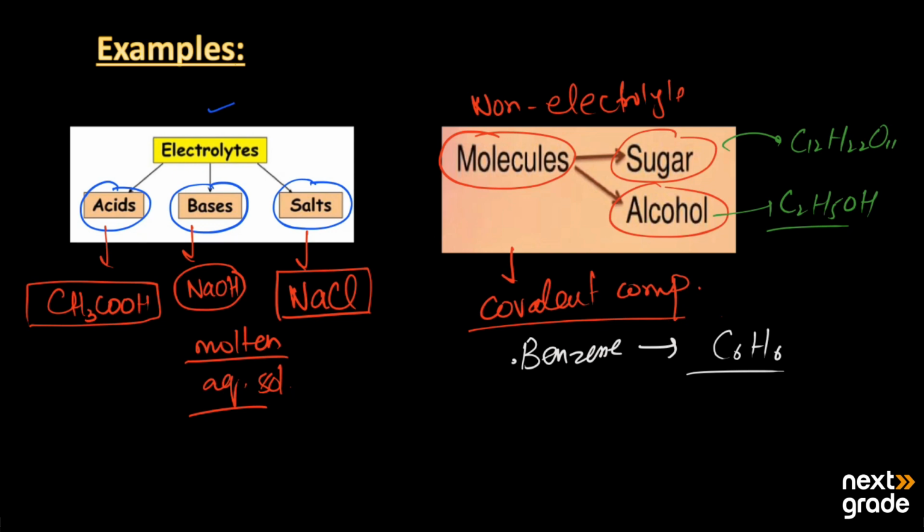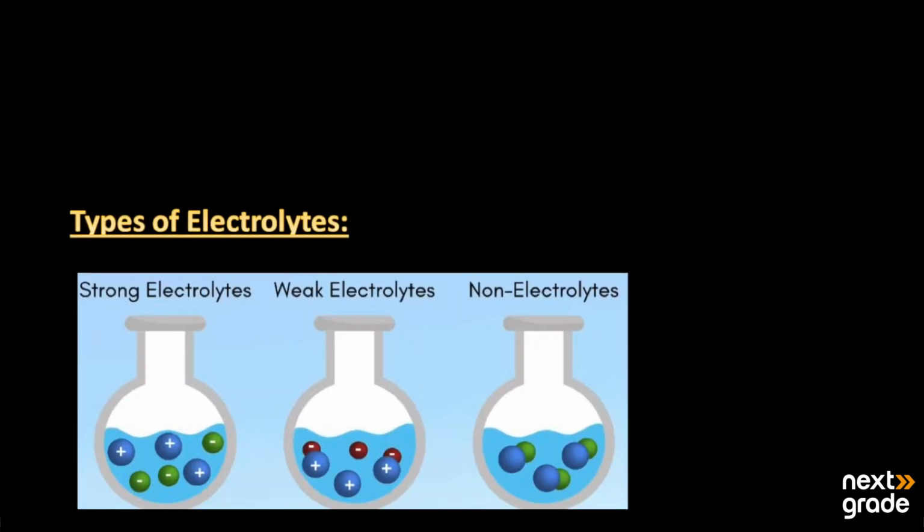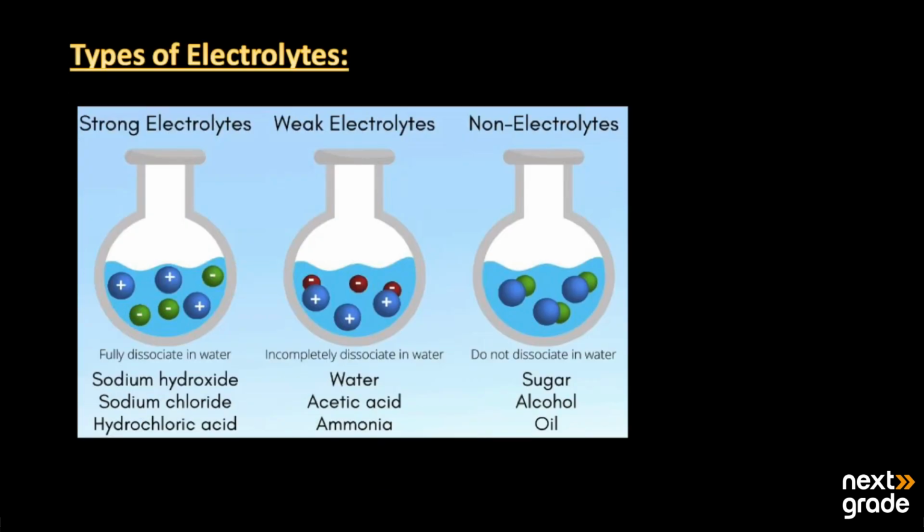Then we have the types of electrolytes. Basically, we have three types here: the strong electrolytes, weak electrolytes, and the non-electrolytes. The electrolytes that are strong fully dissociate in water. It means they distribute their ions evenly in the solution. Examples are sodium hydroxide, sodium chloride, and hydrochloric acid.